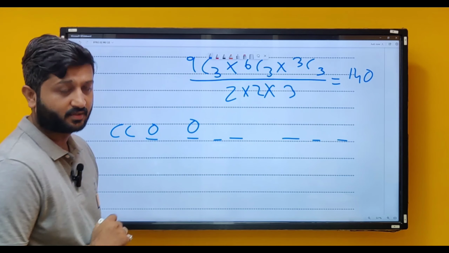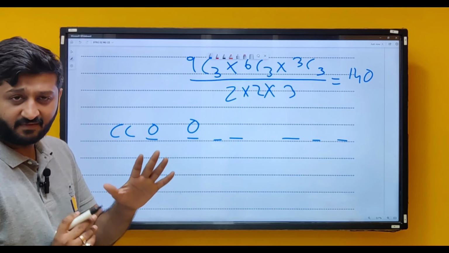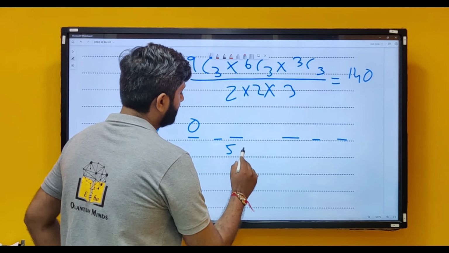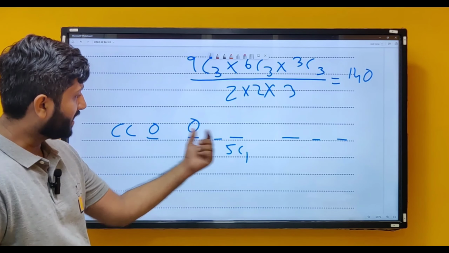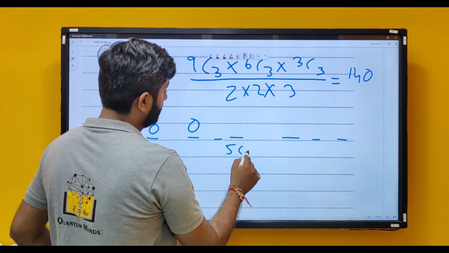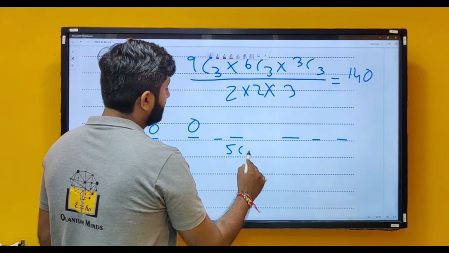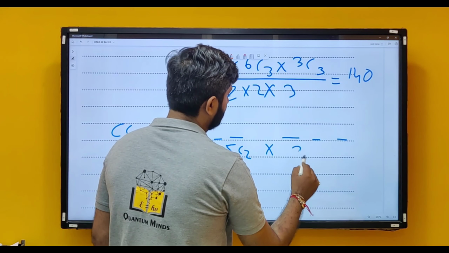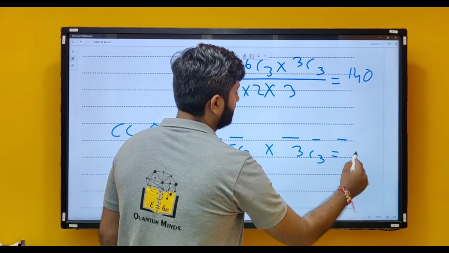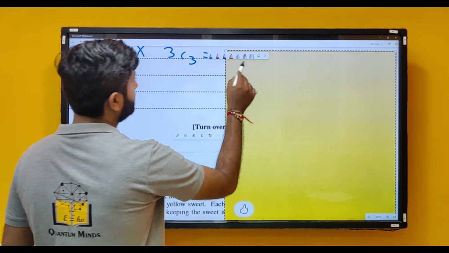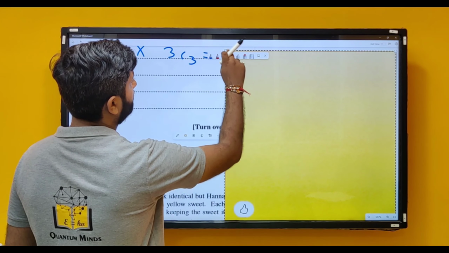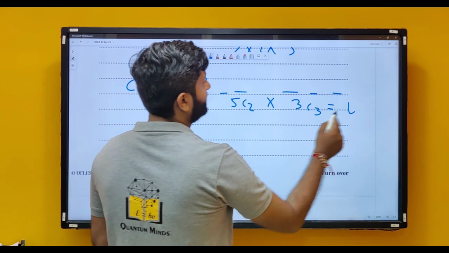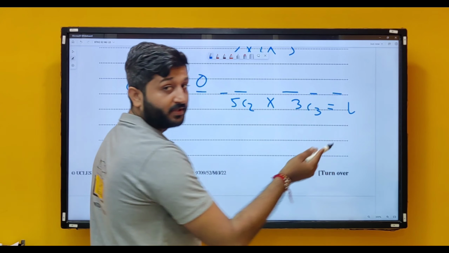So let's say I have O here. So now I am left with 5 letters. So this is going to be 5C1. Sorry, not 5C1. This is going to be 5C3 into 5C2 into 3C3.